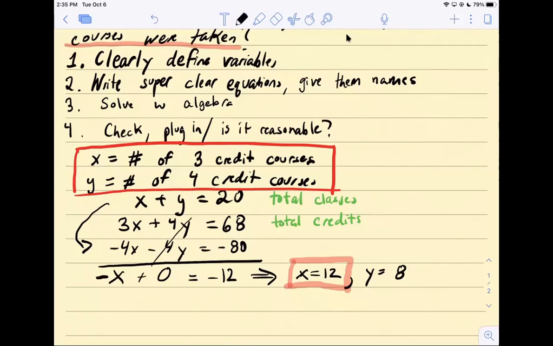Any other questions about this example? Let me just see here, participants. Cool. All right. Looks like a lot of students feel pretty good about this one. There's another way to solve this one.